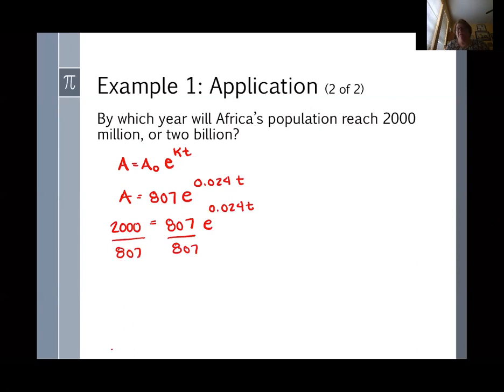I'm going to leave that exact on the left-hand side until I'm done. So I have 2,000 over 807, the 807s cancel on the right-hand side, equals e to the 0.024 times t. To solve an exponential equation whose base is e, I'm going to take the natural log of both sides.